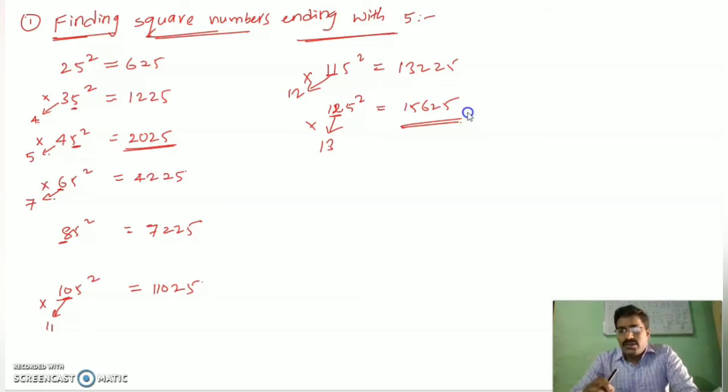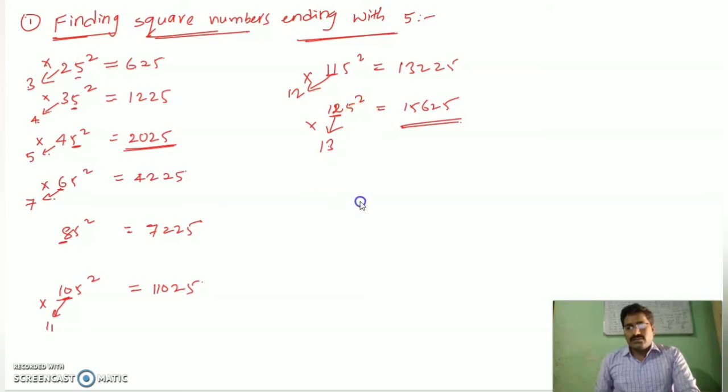Like this, we can find square numbers ending with 5 very fast. These are the tricks. So the first concept is how to find square numbers ending with 5. Take the first digit, multiply it by the next number, for example 3 and 2, 3 twos are 6, then 5 square 25.